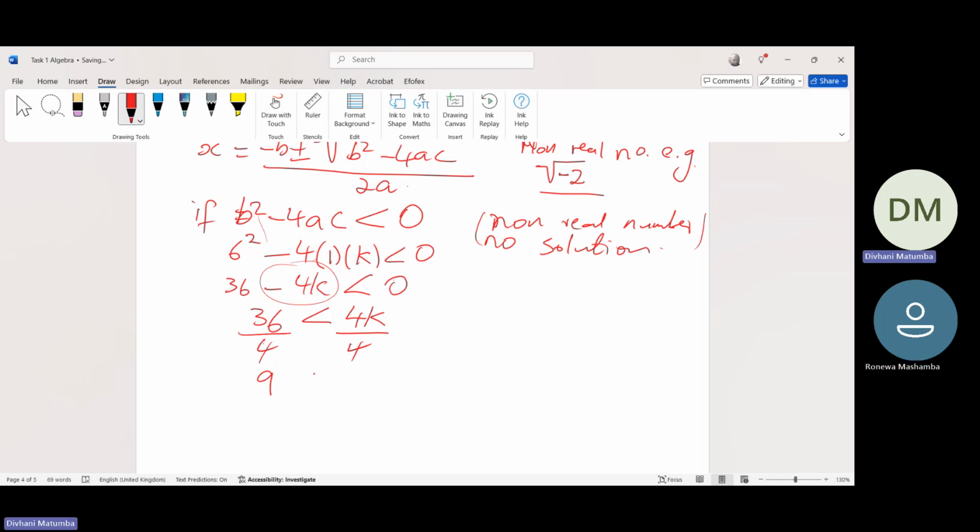Yep. Okay. Or you can write it as k is less than 9. You agree? Yep. So if you put any value of k in your function, it will have no solutions. You agree? Yes, sir. Okay, that's one condition for no solution.